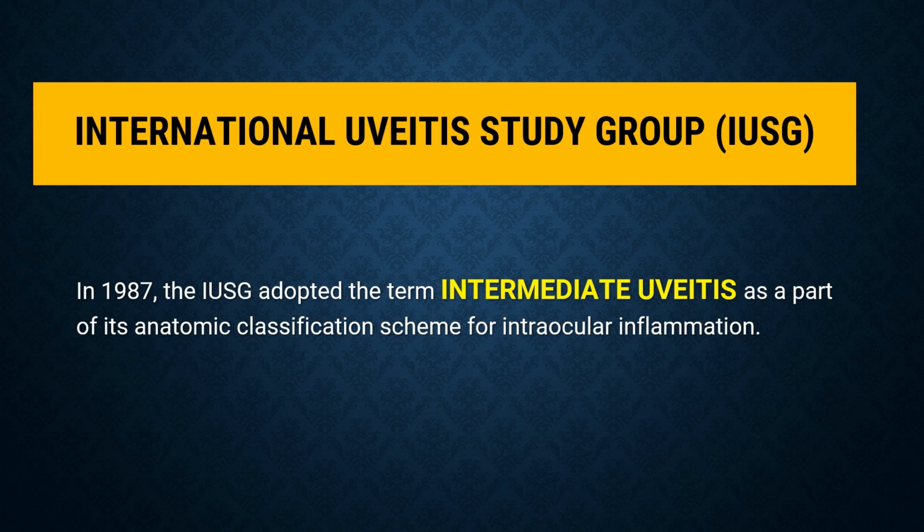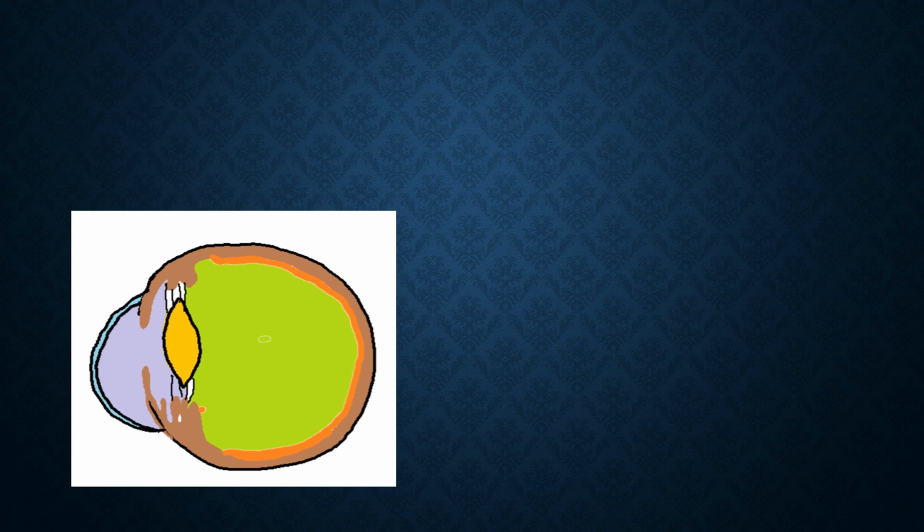So what exactly is intermediate uveitis? In 1987, it was the International Uveitis Study Group, the IUSG, which finally adopted the correct term, intermediate uveitis, as a part of its anatomical classification scheme for intraocular inflammation.